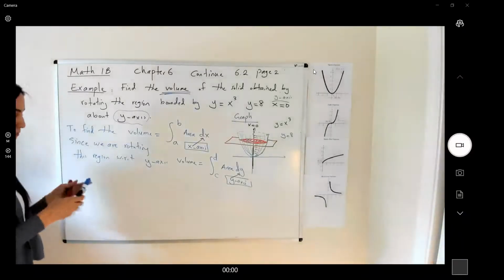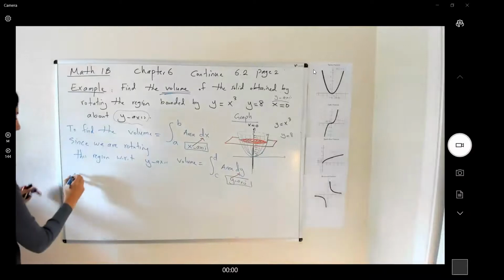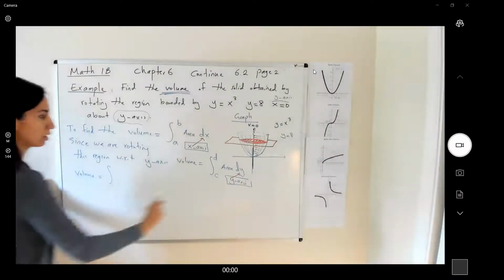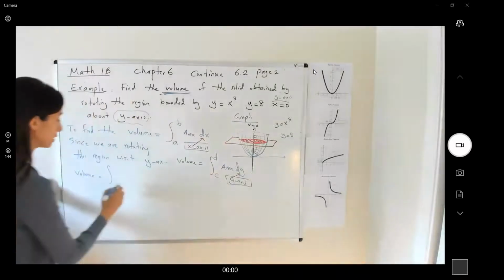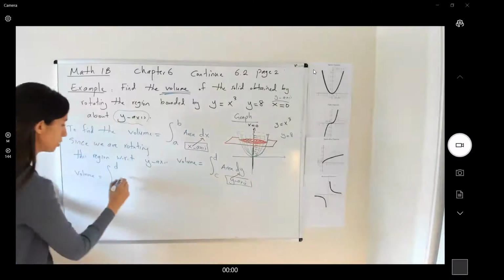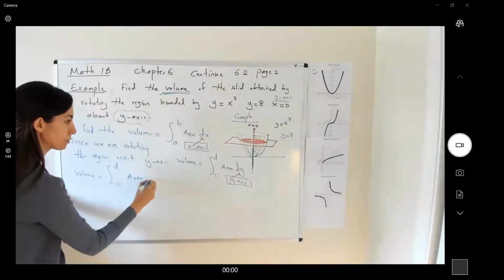Very well. So our volume is equal to the integral. We need to find c and d. What is c? What is d? And the area, dy.